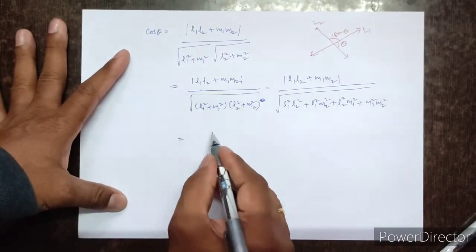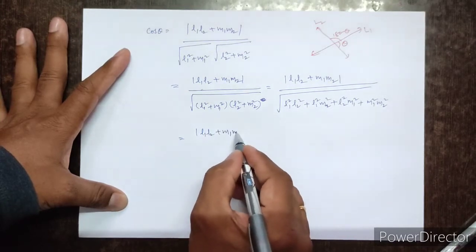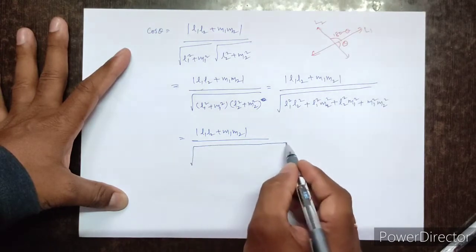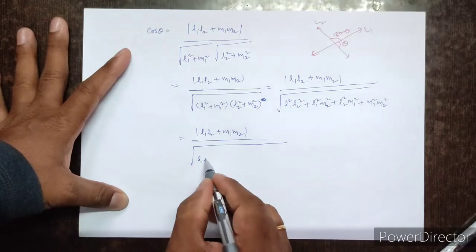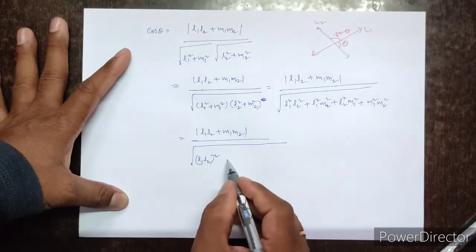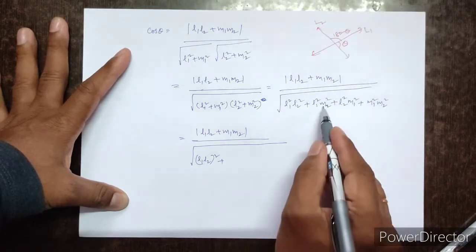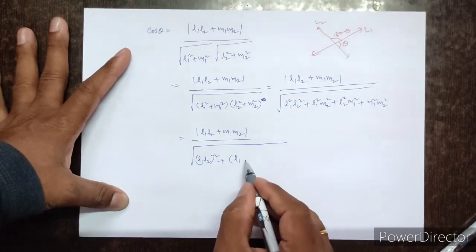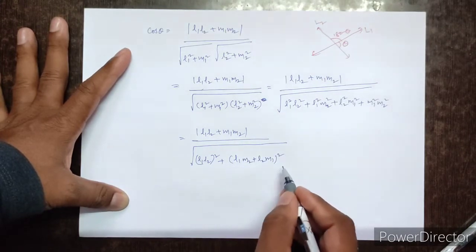So that equals modulus L1 L2 plus m1 m2 by root of, this we can write as L1 L2 whole square plus L1 m2 plus L2 m1 whole square.